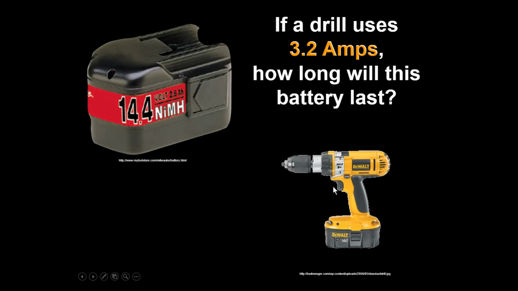this is a variable speed drill. So if I pull that trigger lightly, it's going to use just a little bit of current. If I pull that trigger harder, it's going to use more current. So if I pull that trigger just hard enough to use 3.2 amps, how long will that battery last?